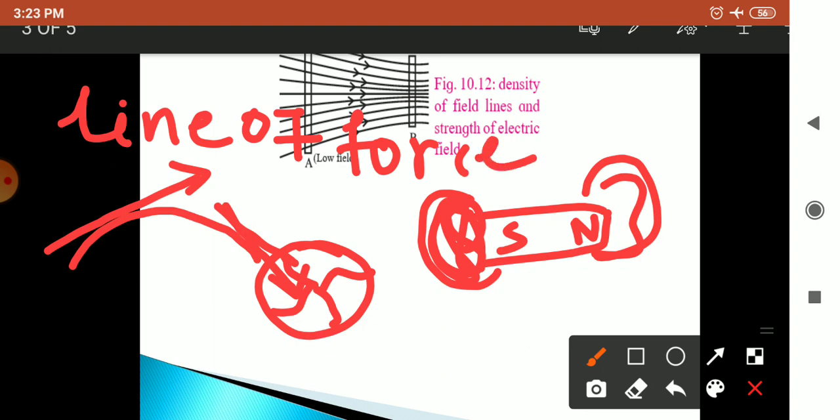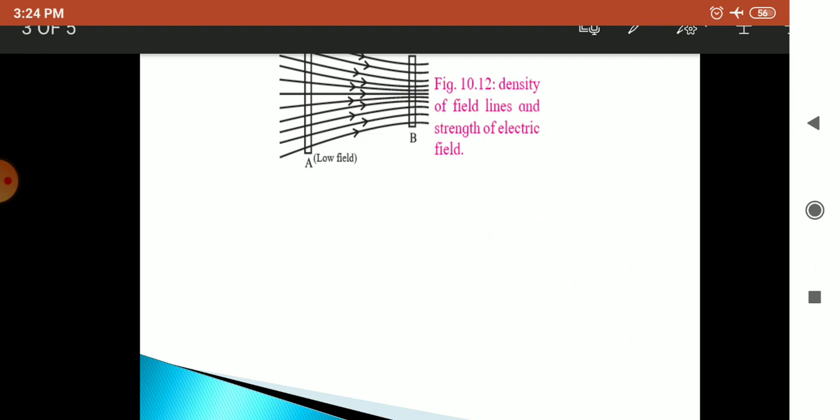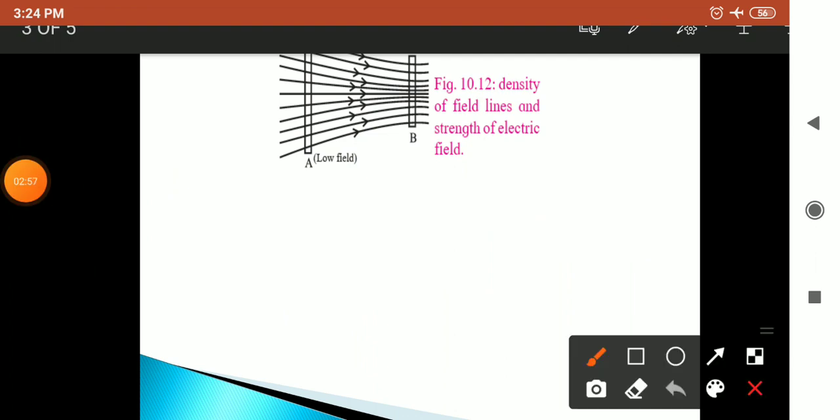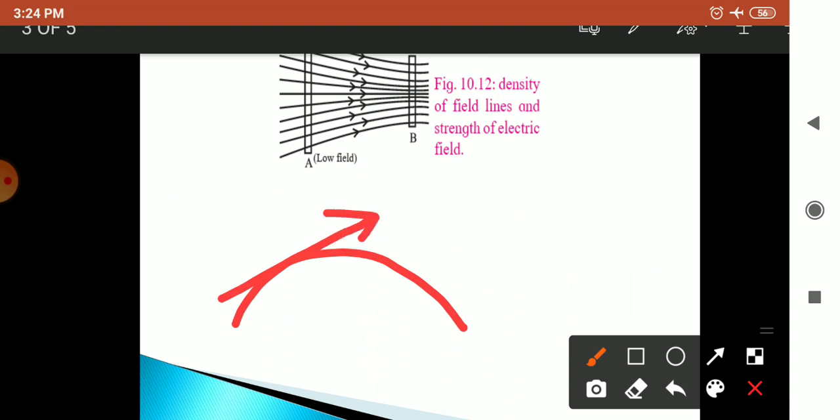A line of force is defined as a curve such that the tangent at any point to this curve gives the direction of the electric field at that point.